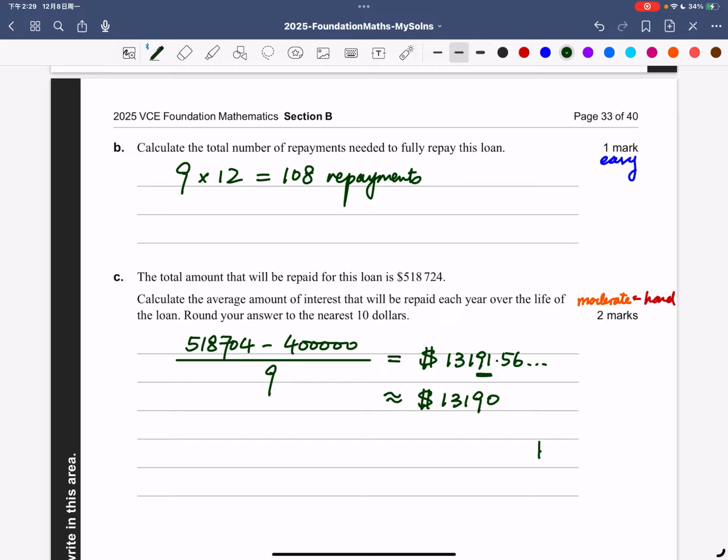You can also, let's say, just look at the 91, 90, and 95, for example. Actually, bear with me, it's not 95. $10 increment, this is 95. 91 is over there, very much close to 90. Therefore, using the normal rounding, we round it to 90, round it down, okay?